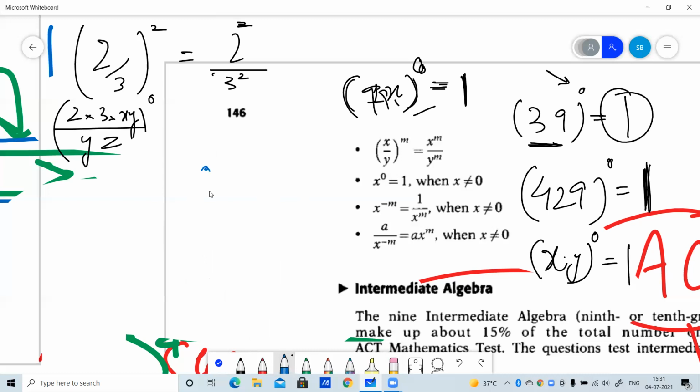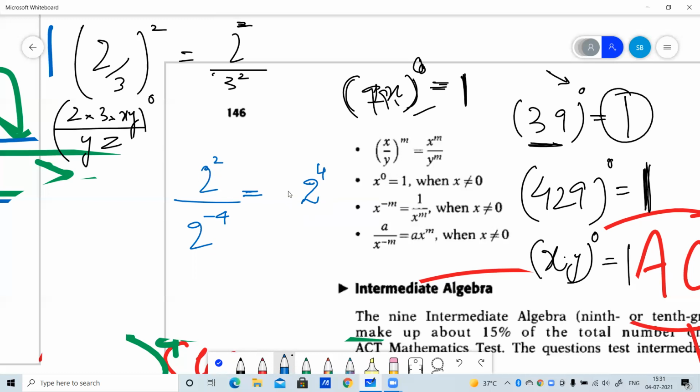So if you're having 2 squared divided by 2 raised to the power minus 4, and you want to write this 2 to the power minus 4 in the numerator, what will you write? It would be 2 to the 2 and then 2 to the power 4.